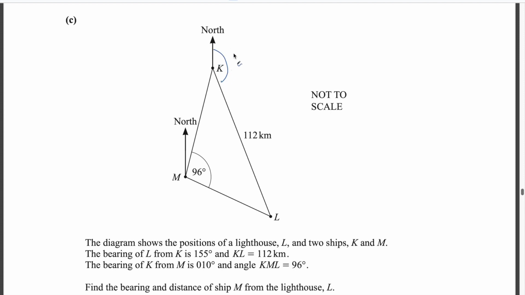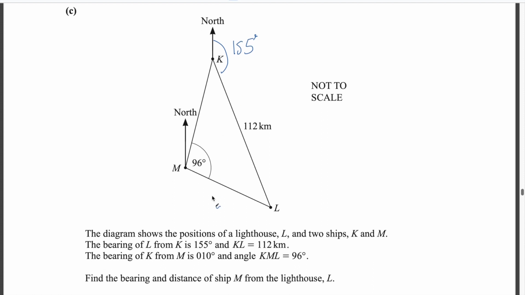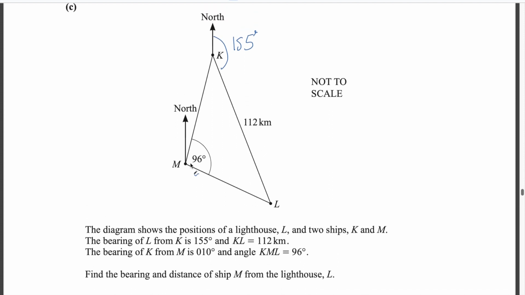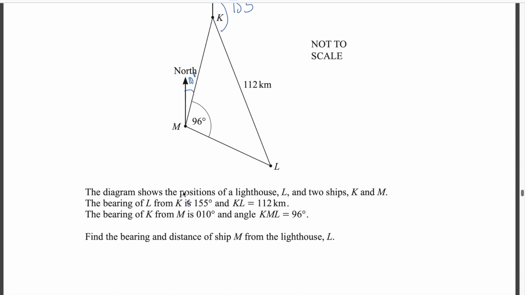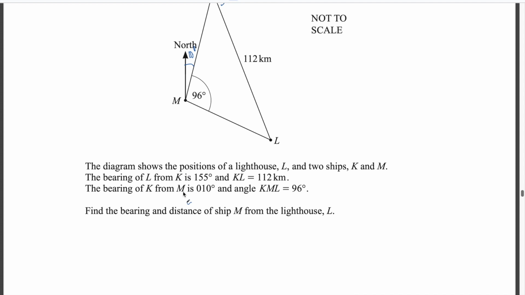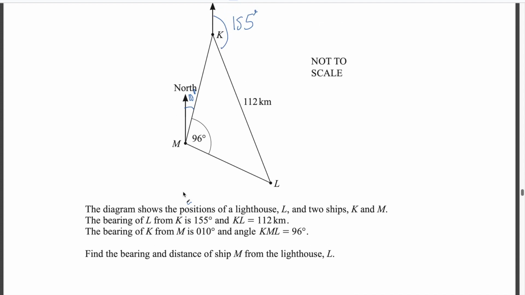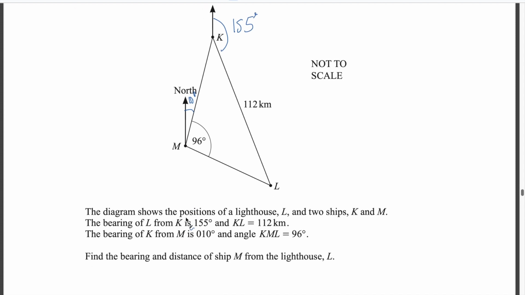So this is the angle, which is 155. Now the bearing of K from M is 010, K from M, so this angle is 10 degrees, and angle KML is 96. It says find the bearing and distance of ship M from lighthouse L.